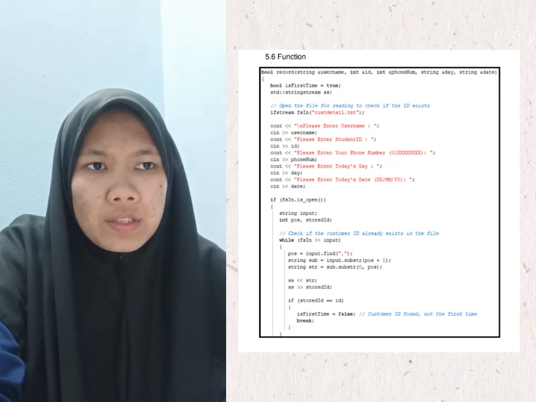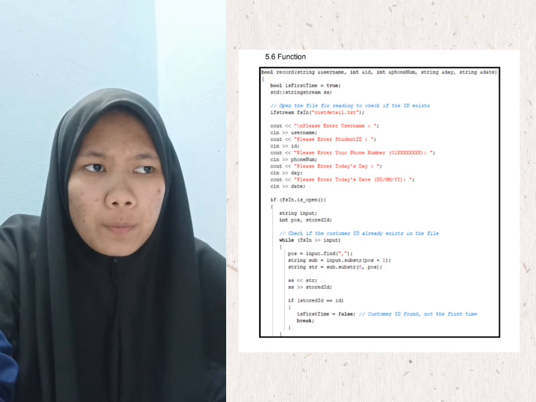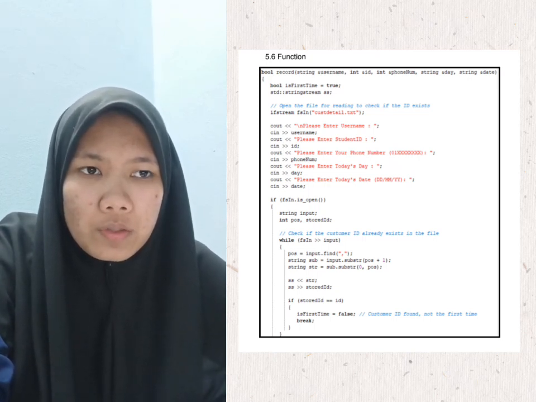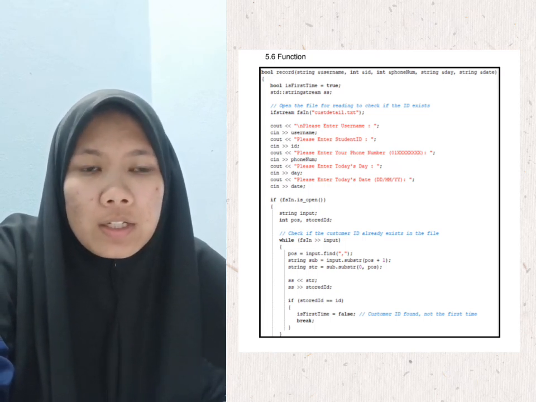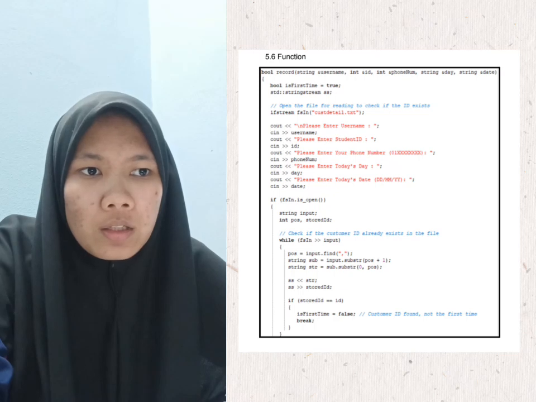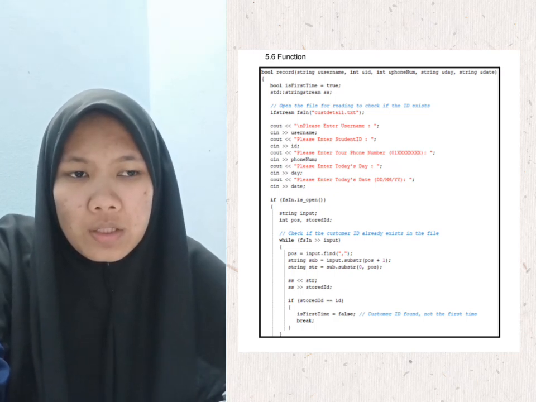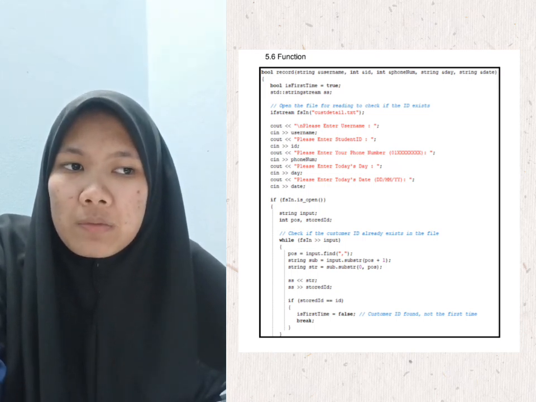In the provided C++ code, several functions are used for different purposes. Here's a breakdown of the functions and their roles. First is the login function, void login. This function handles user authentication by checking the entered password against the stored passwords in the password file.